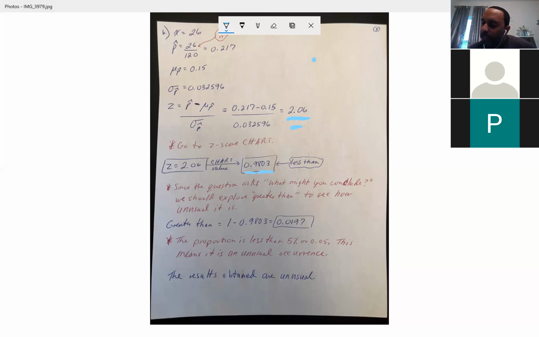I'll move to the next page once you guys are finished. All right, next page, we good?